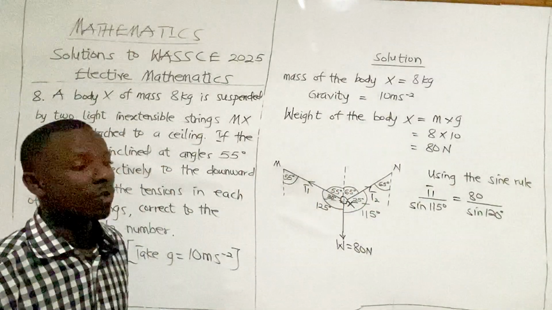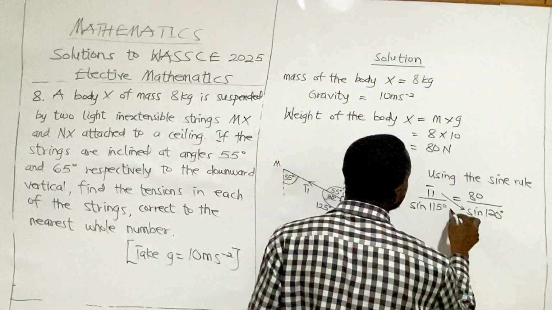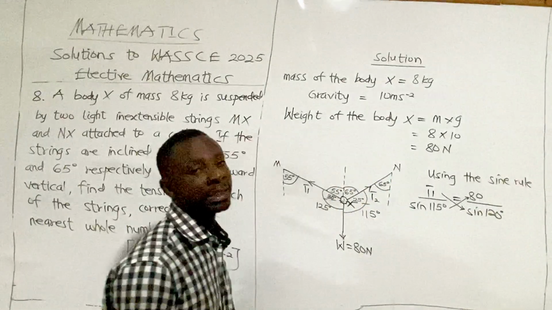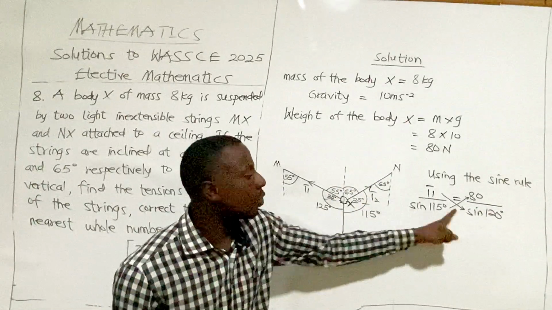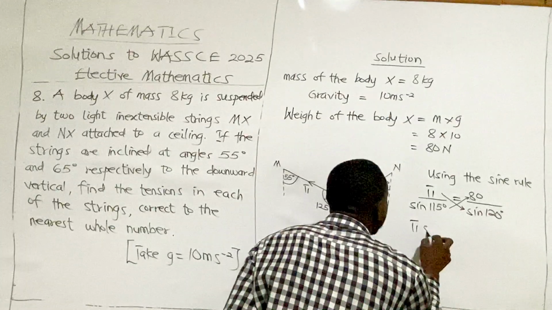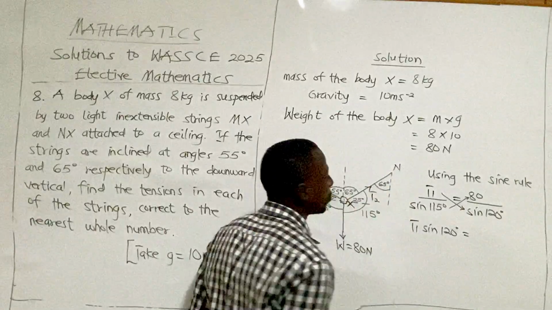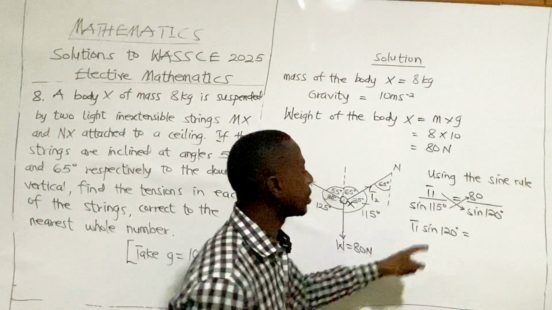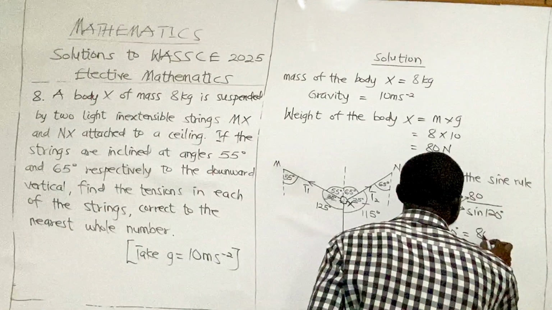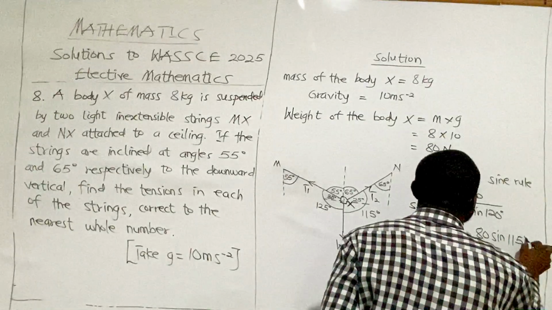Then from here, we are going to cross multiply. T1 times sine 120 degrees is equal to 80 sine 115 degrees.